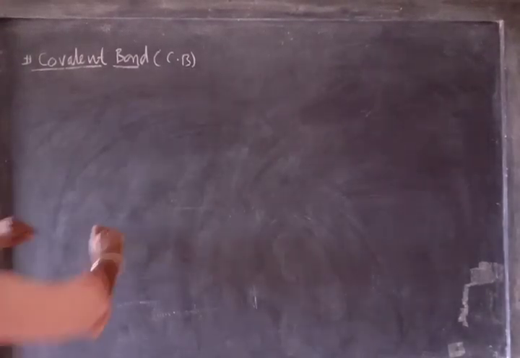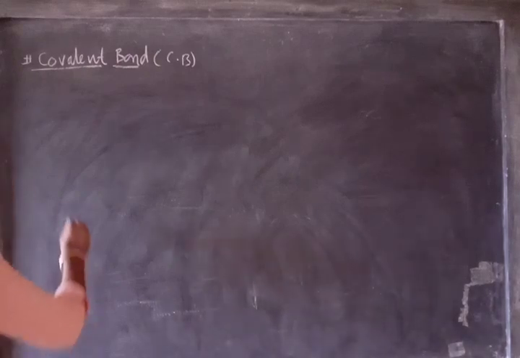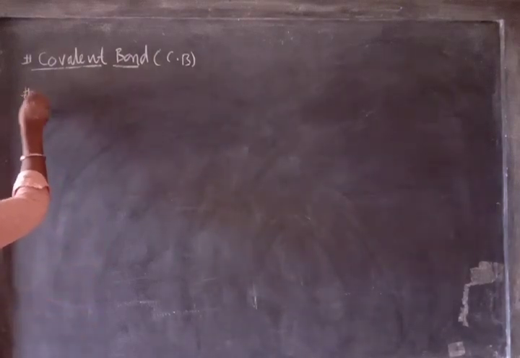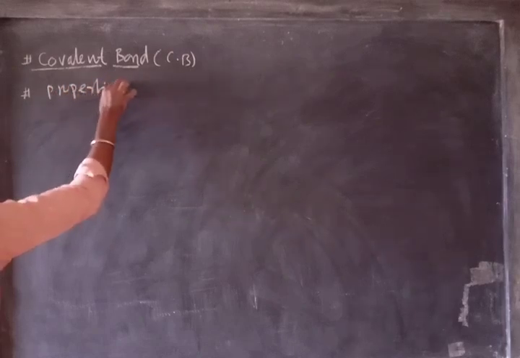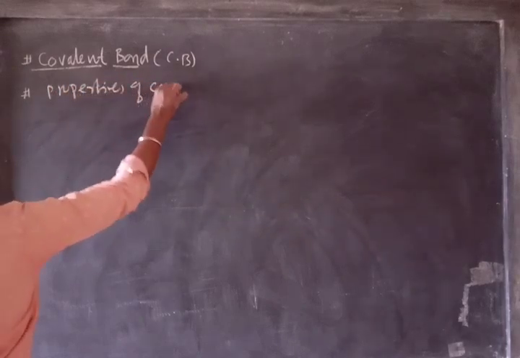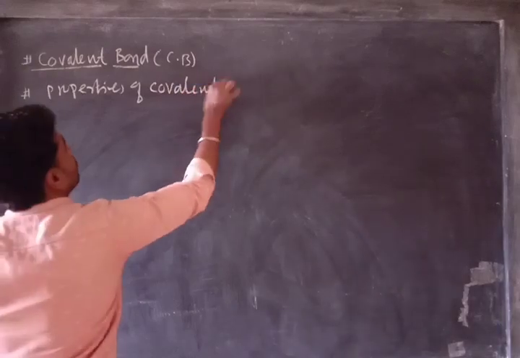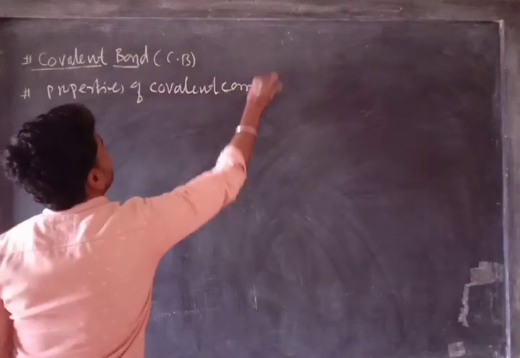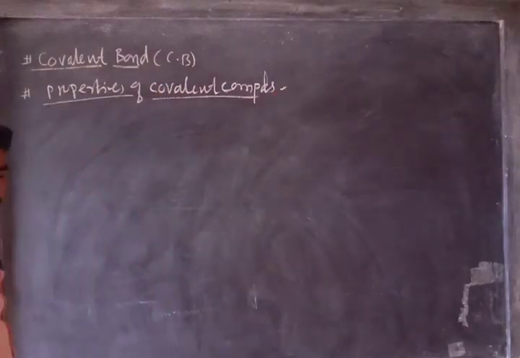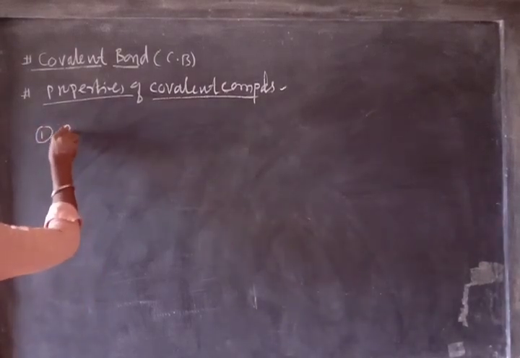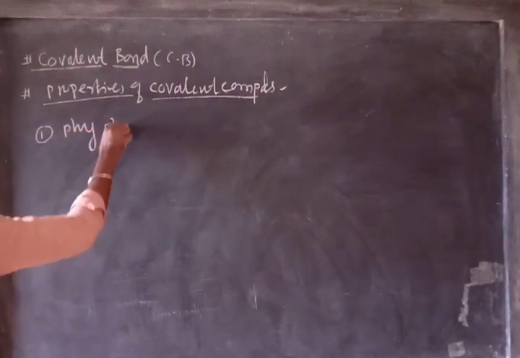Here we learn another most important point, that is the properties of covalent compounds. Properties of covalent compound. Now, my dear students, we have studied the first property, that is its physical state.